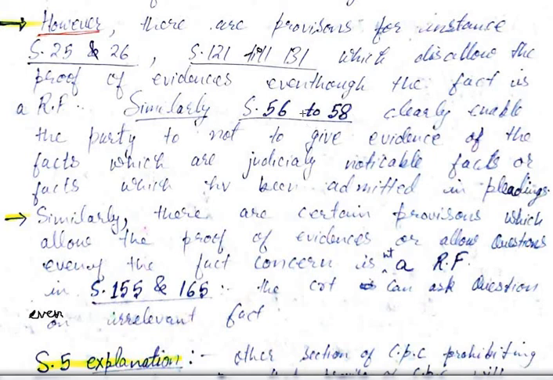The facts which are admitted in the pleadings and judicially noticeable facts. These are in 56 till 58. So similarly, section 56 till 58 clearly enable the party to not give evidence of the facts which are judicially noticeable facts or facts which have been admitted in pleadings.